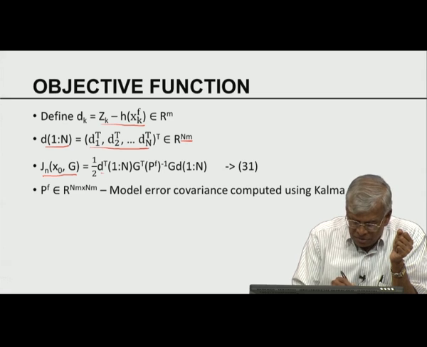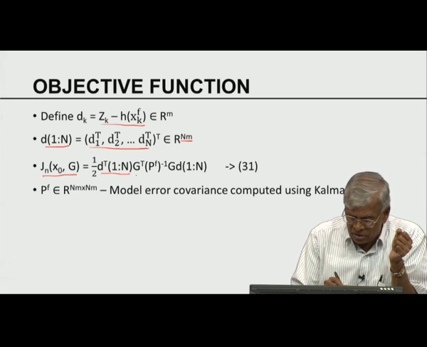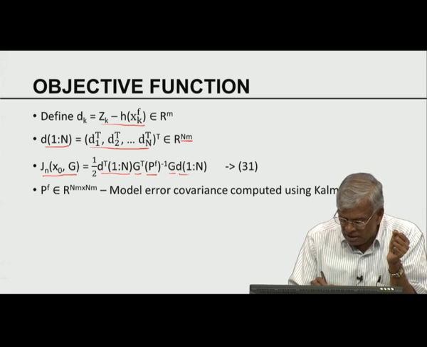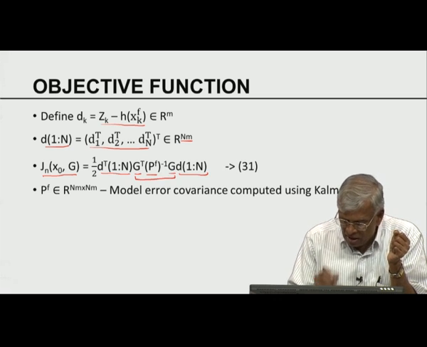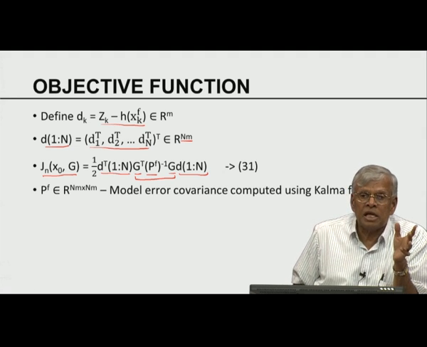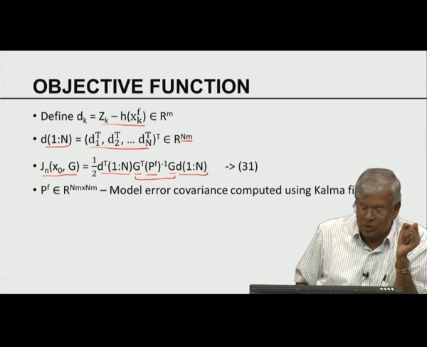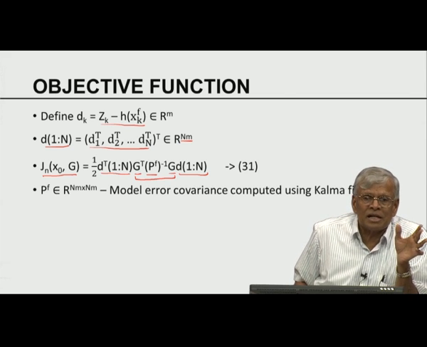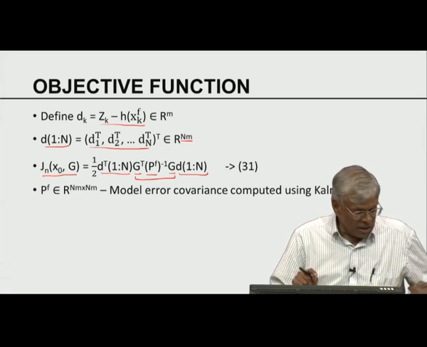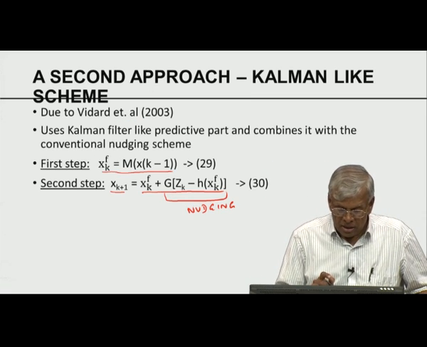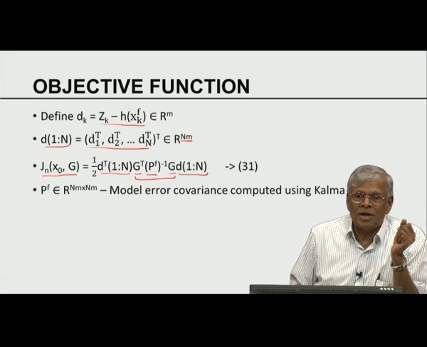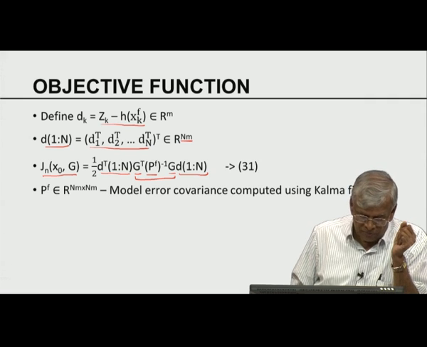So that is equal to the transpose of d times G transpose P_f inverse G d. So you can think of these as part of the weight matrices. P_f is the forecast error covariance. So that is very similar to the one that comes in 4D-VAR like scheme. Here, because of the way that G appears in equation 30, 31 is a very natural way to consider a J function.